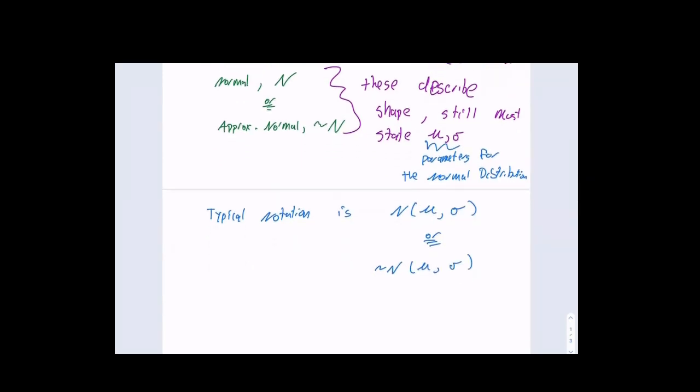This is recognized in AP Statistics. This tells me shape, this tells me the center, this tells me the spread. All you need, of course, is context, still needed.